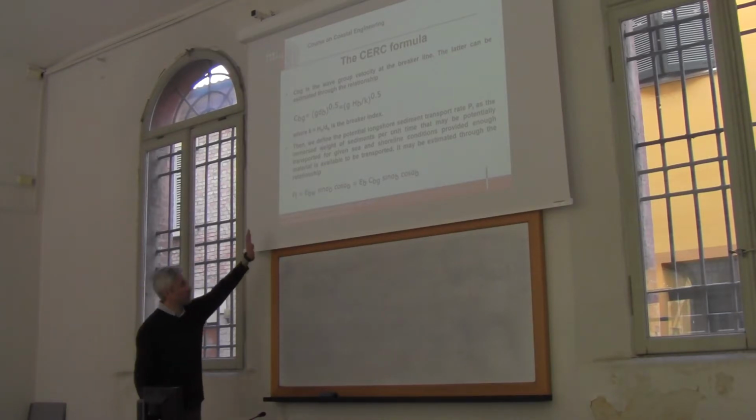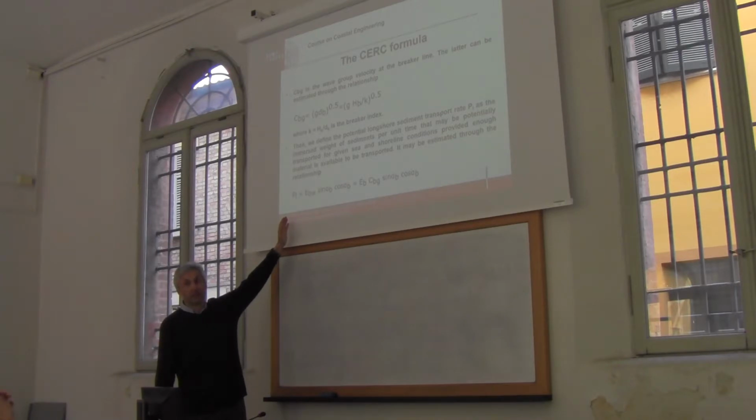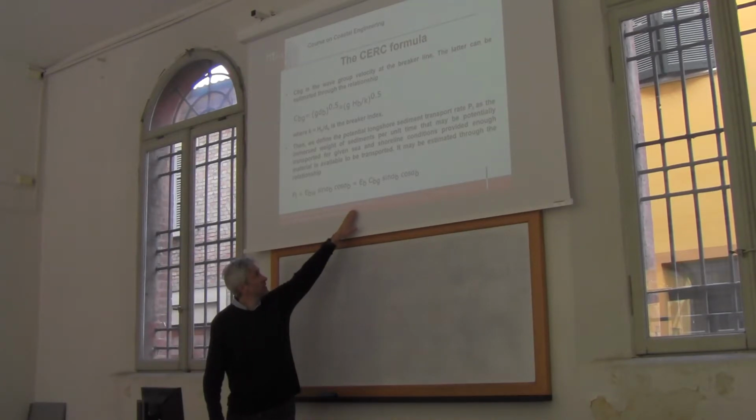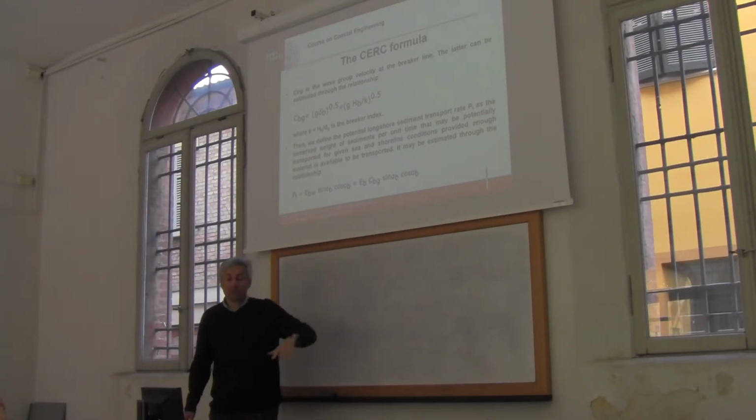So this representation here, that's fine, but what is it saying? It says that the sediment transport rate in terms of weight is equal to the product of energy flux, which is EBV, times sin alpha cos alpha.